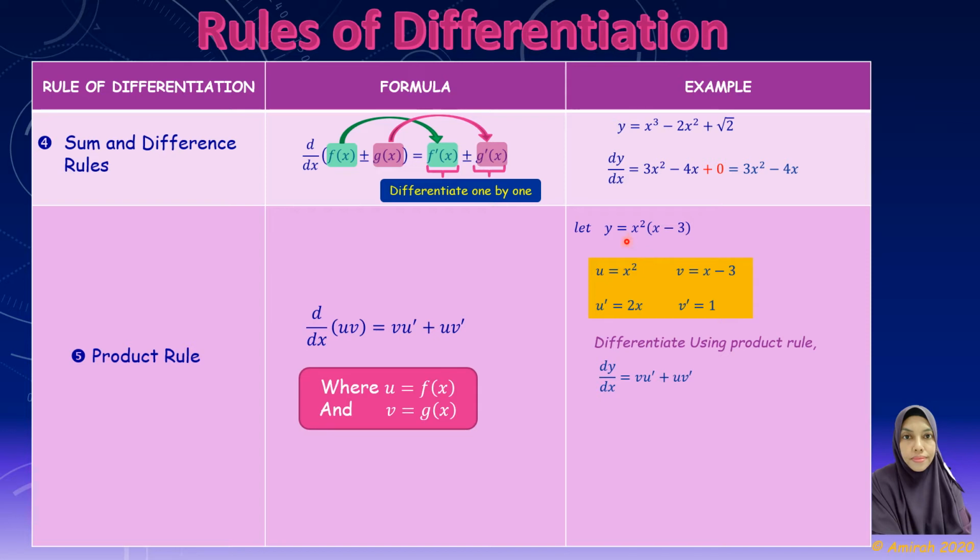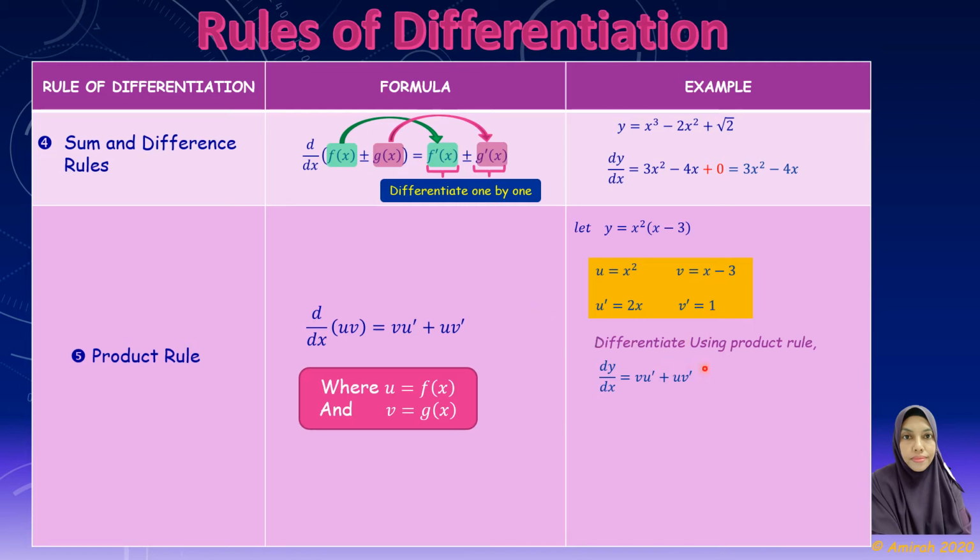When we use product rule, we need to identify u and find u prime, and identify v and find v prime. In this case, our u is x squared, and when we differentiate using power rule, we get 2x. And then our v is x minus 3, and when we differentiate, it equals 1.